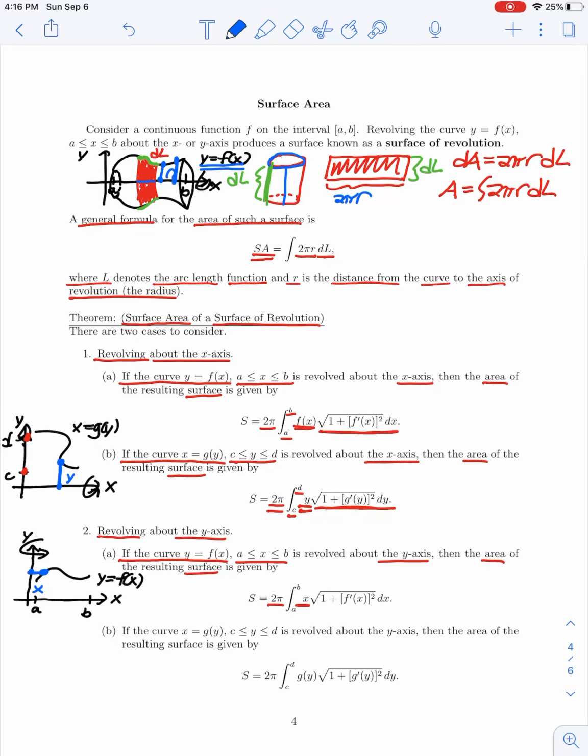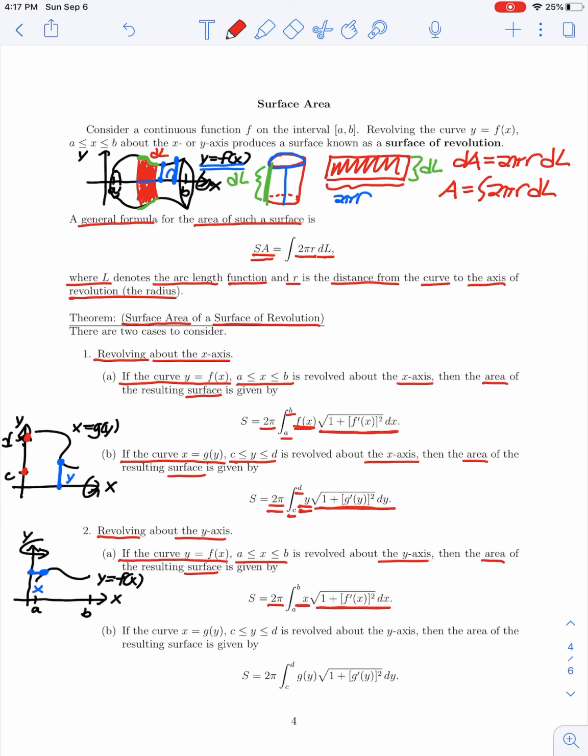So here we have the integral of 2 pi r, or 2 pi x in this case, times the differential of arc length, which if we're looking at the graph of a function of x, we derived in the first part of this section, the differential of arc length would be the square root of 1 plus f prime of x squared dx.